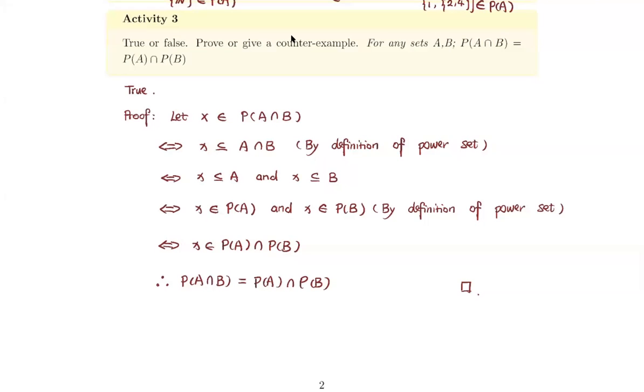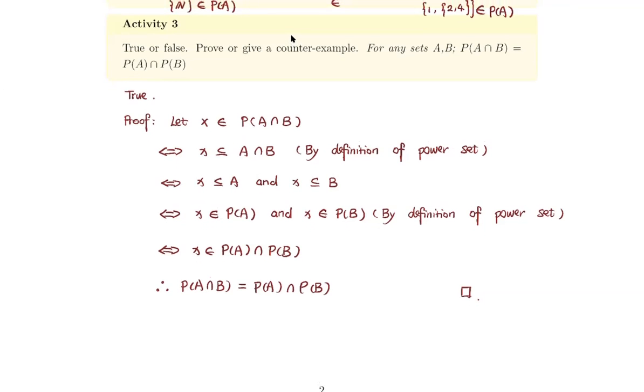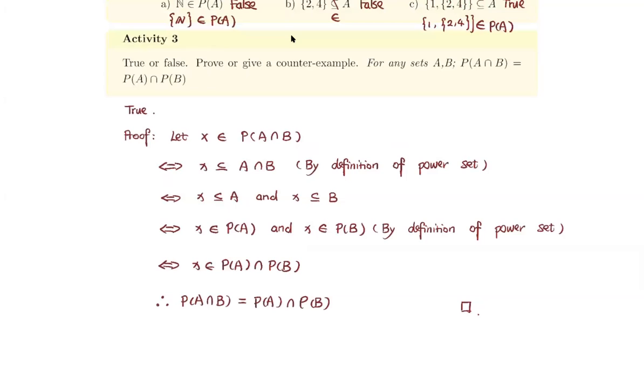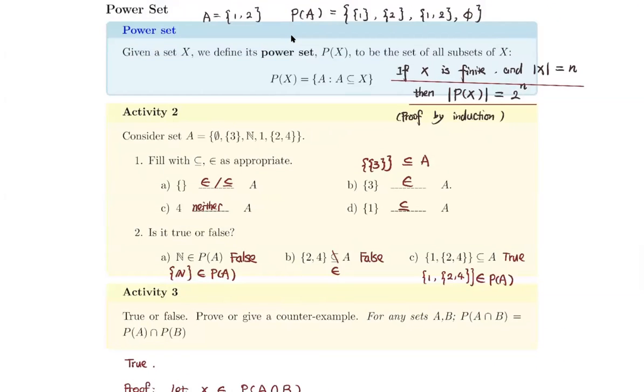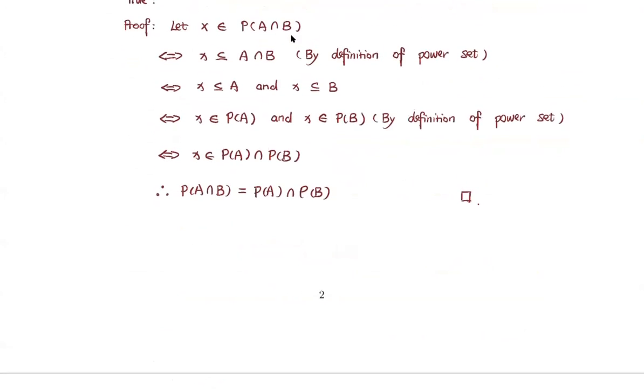So the key of this question is just understand the definition of power set. Okay, so remember the definition. The power set of X is just a set of the subsets of X. So if A is a subset of X, then A becomes an element of power set of X. So we just use definition for each of the steps.